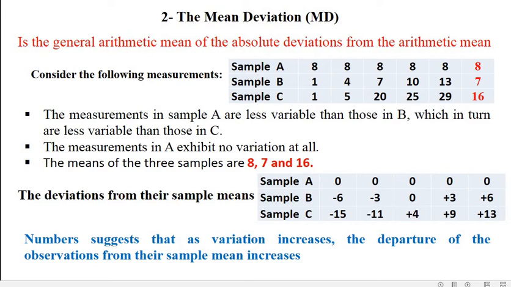It could be defined as the general arithmetic mean of the absolute deviations from the arithmetic mean. The general arithmetic mean of the absolute deviations from the arithmetic mean, the sample arithmetic mean, of course.